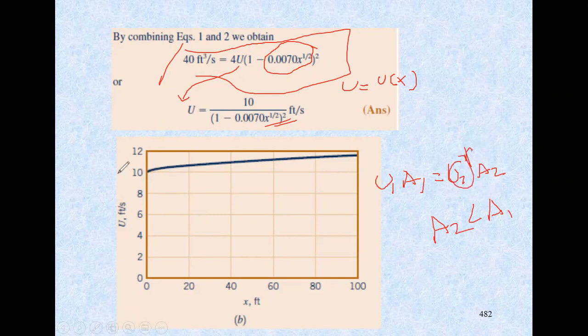So that's why u1 is equal to 10 and u2 is increasing according to x. It becomes faster as the boundary layer displacement thickness also increases.